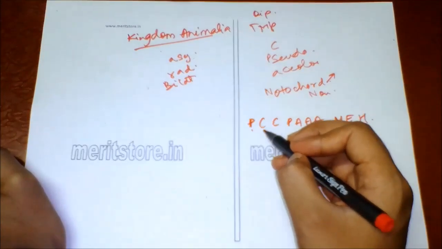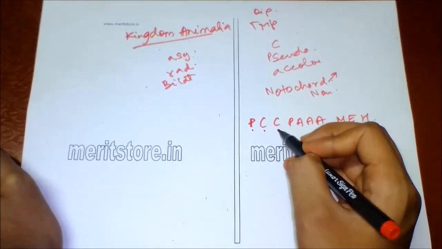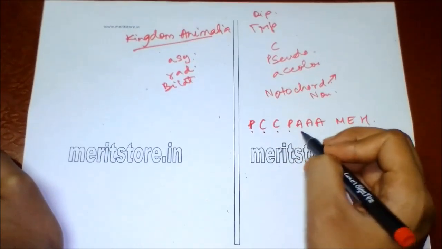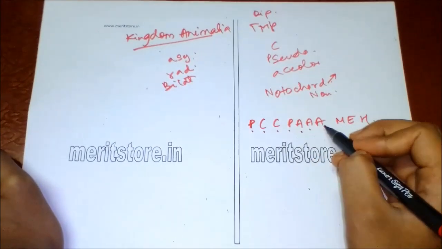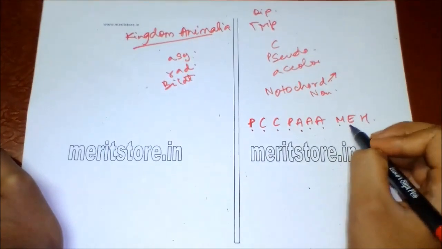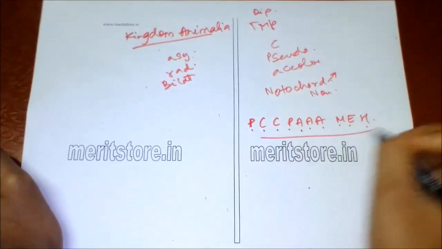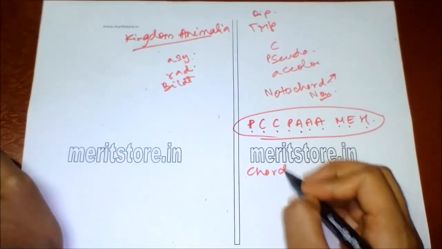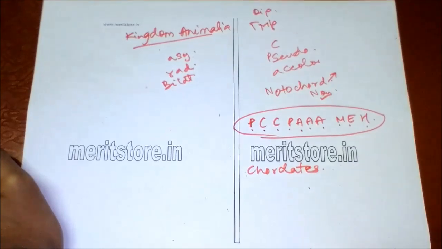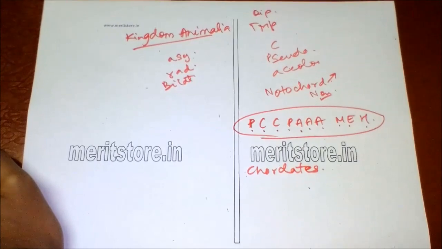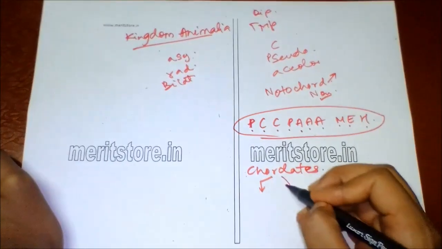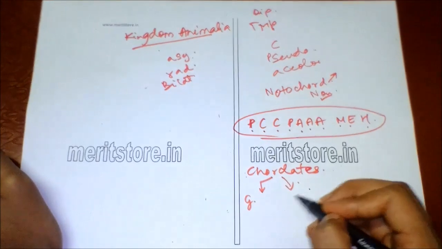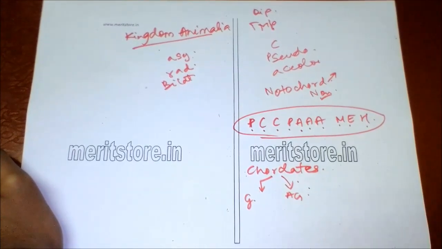Porifera, Coelenterata or Cnidaria, Ctenophora, Platyhelminthes, Aschelminthes, Annelida, Arthropoda, Mollusca, Echinodermata, Hemichordata. All these are non-chordates. Then chordates include all the jaw-bearing animals, Gnathostomata, or Agnatha, which we will see further.